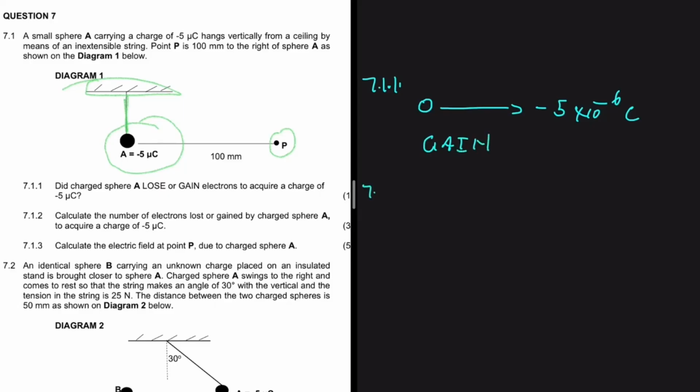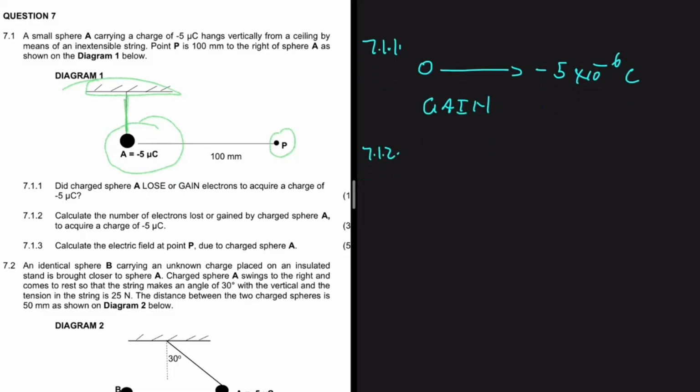And then 7.1.2 says, calculate the number of electrons gained or lost by sphere A to acquire a charge of minus 5 microcoulombs. The number of electrons gained or lost equals the change in the charge of the sphere divided by the charge of an electron.